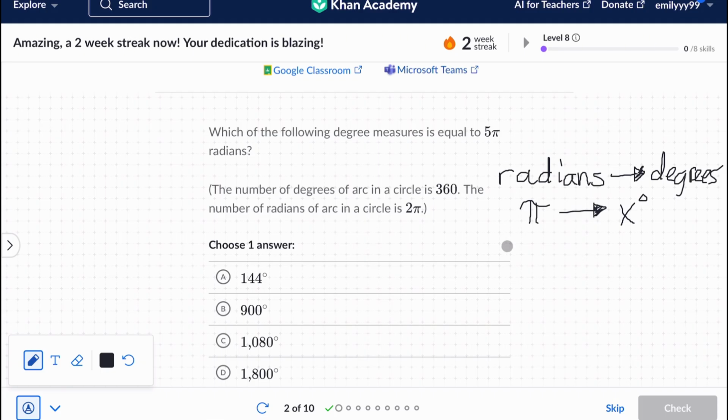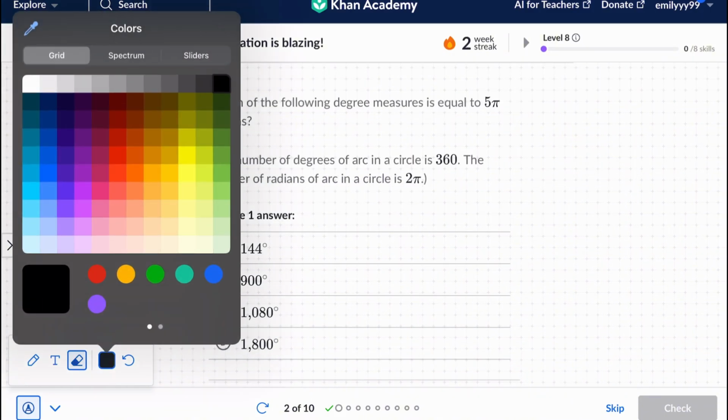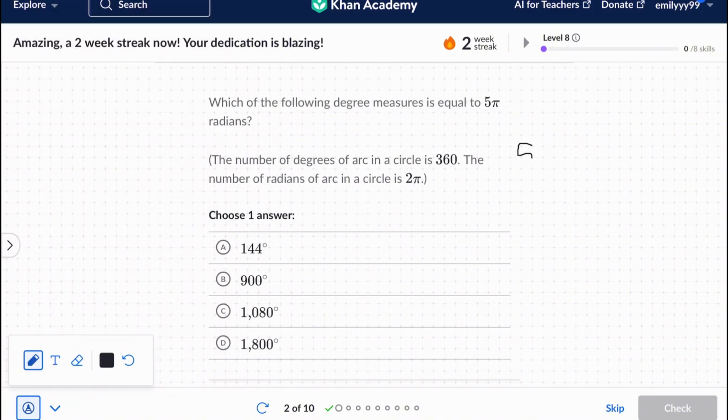And so we have 5 pi here. In order to convert that to degrees, we have to multiply it by 180 over pi. And so we would cross out the pi's, and then it would be 5 times 180, and that should give us the answer.